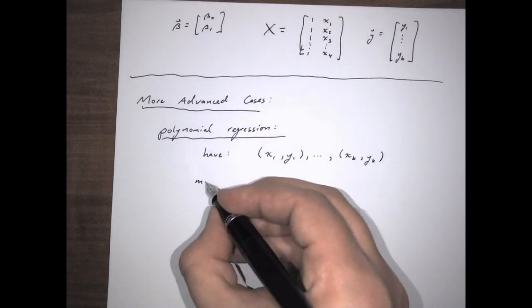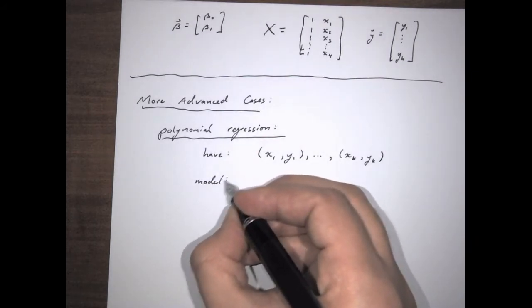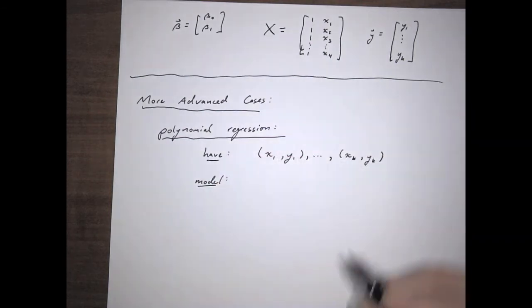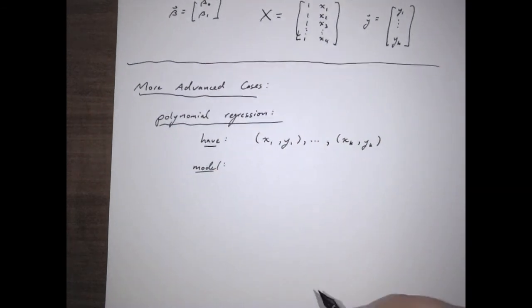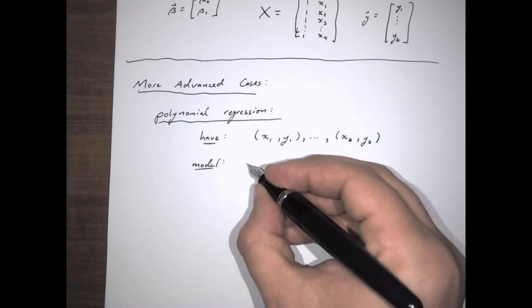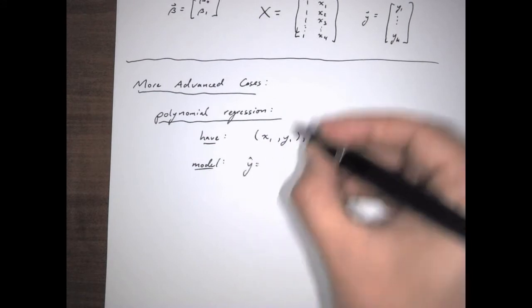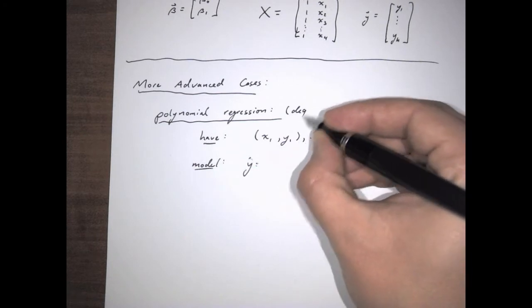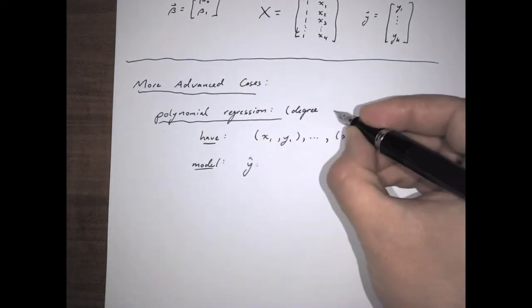And a model will be, and then we would have to decide in advance what we want the degree of the model to be. So let's say degree p.